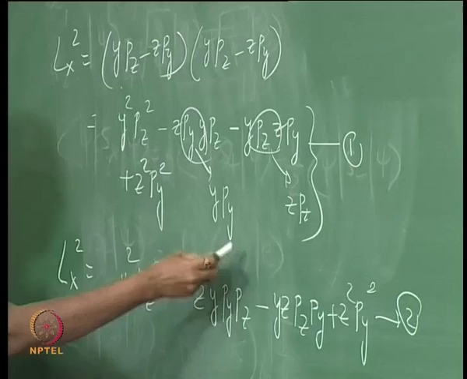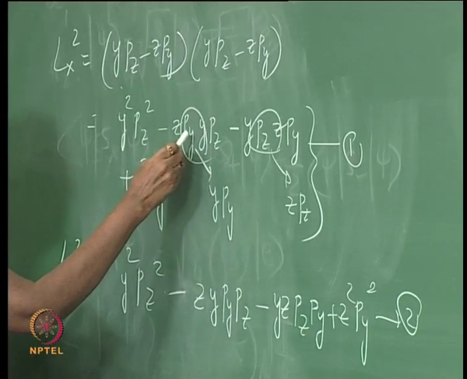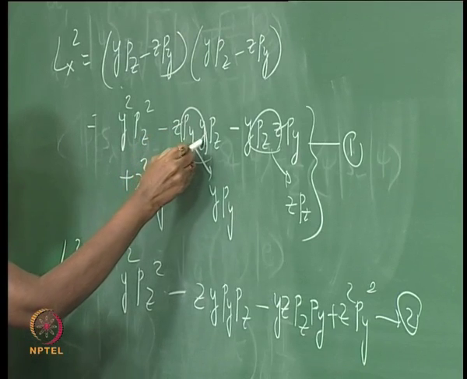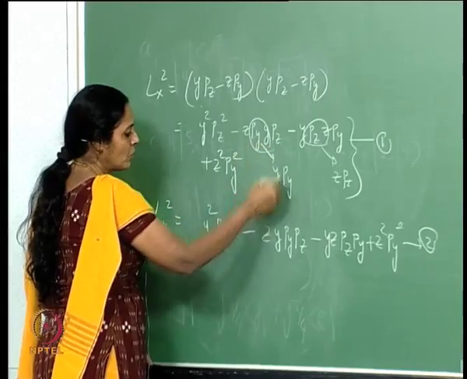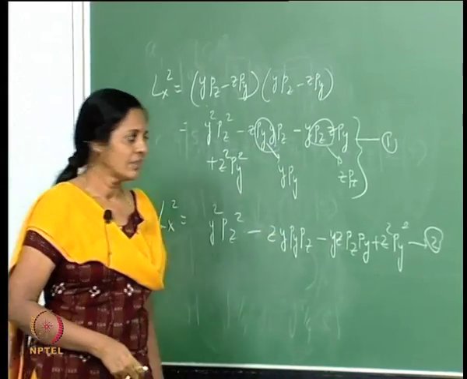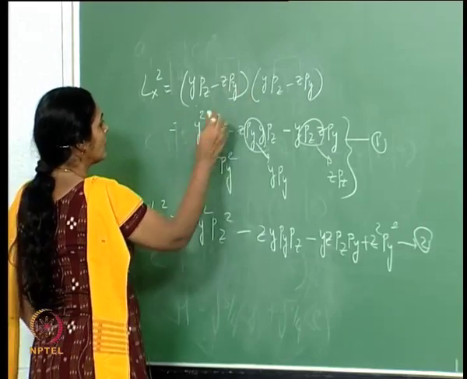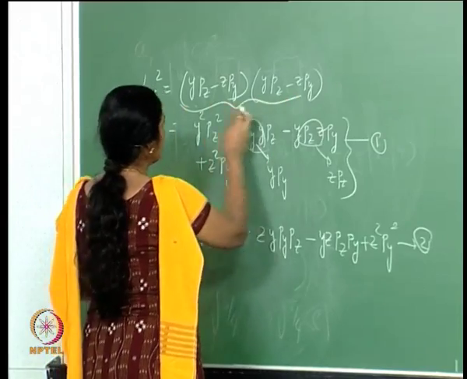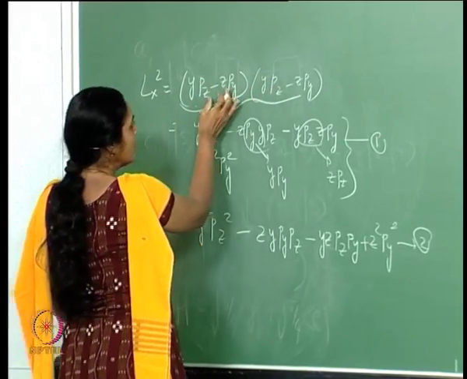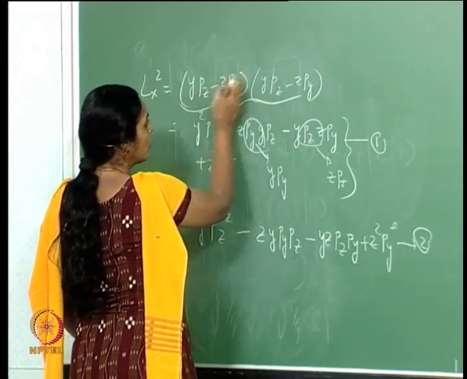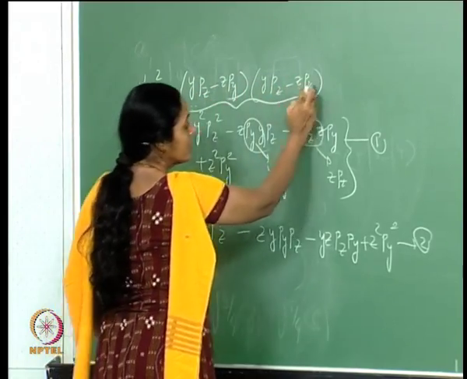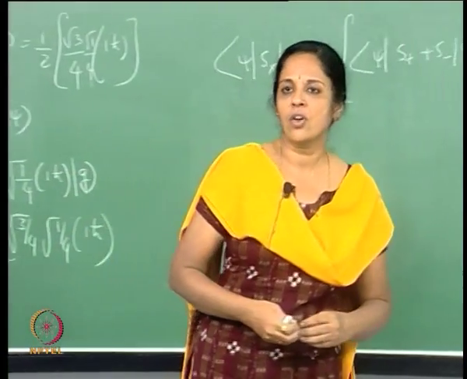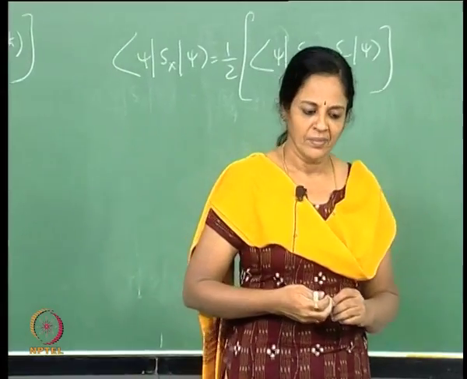But here I should be careful because I have interchanged the order, and in general p sub y and y, where p sub y is the canonical momentum corresponding to y, do not commute with each other. And therefore, one has to retain the order as such. So, the manner in which this is to be expanded is ypz minus zpy times ypz minus zpy, which gives ypz ypz minus ypz zpy minus zpy ypz plus zpy zpy. That is the manner in which one retains the order of operators without changing them.